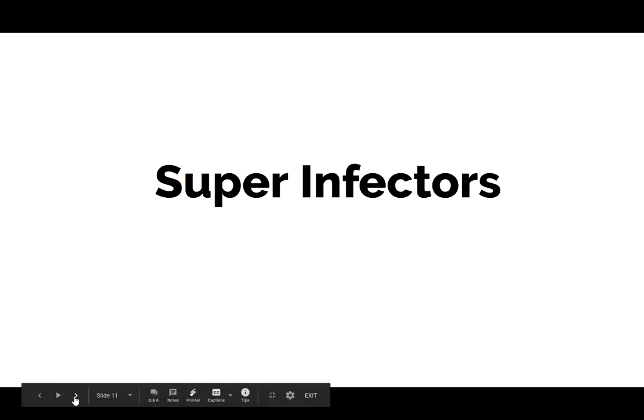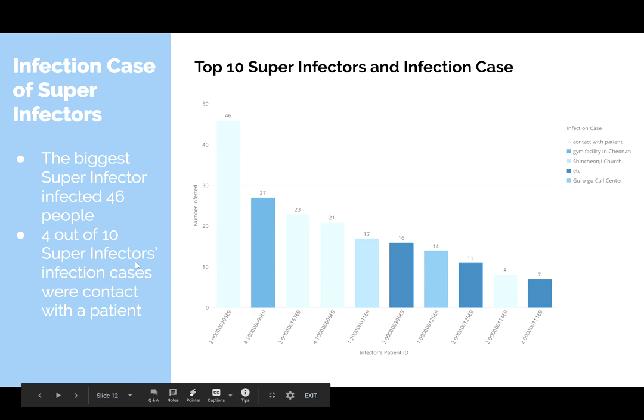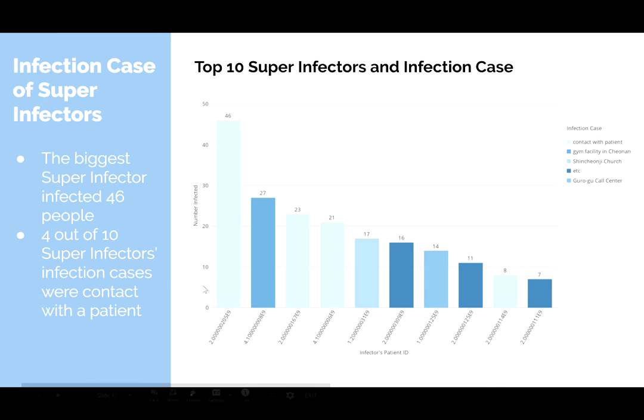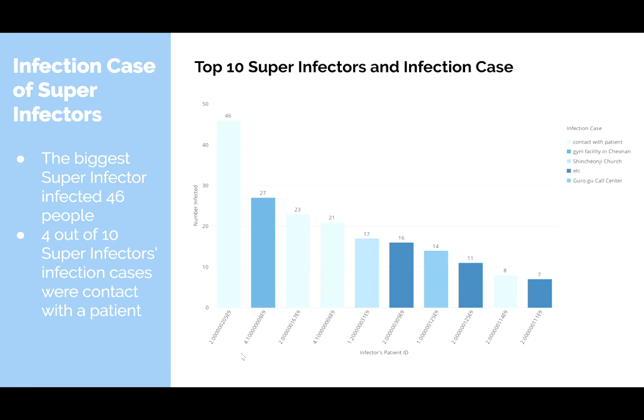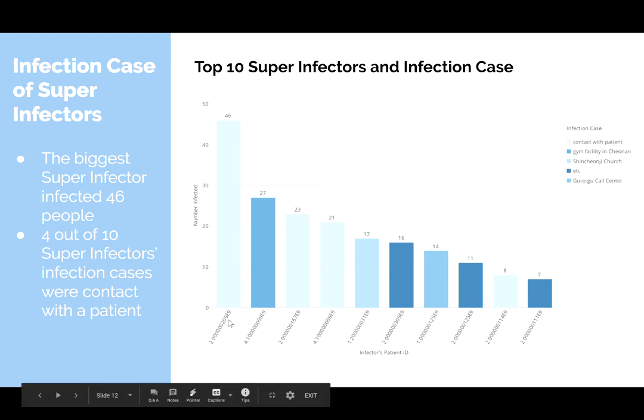And then I looked at superinfectors. Superinfectors are just the individuals who infected many of the other patients within this data set. And so I looked at the infected by field and matched those accordingly with the infector. And shown right here is just the top 10 infectors.